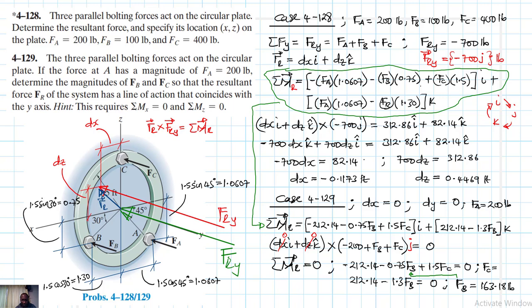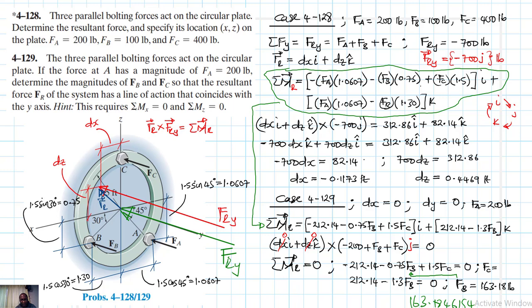I'll not round it off because I have it on my calculator. I'll use 163.1846154, the longer part. This is what I'm going to use in replacing, to save the accuracy of the final solution.